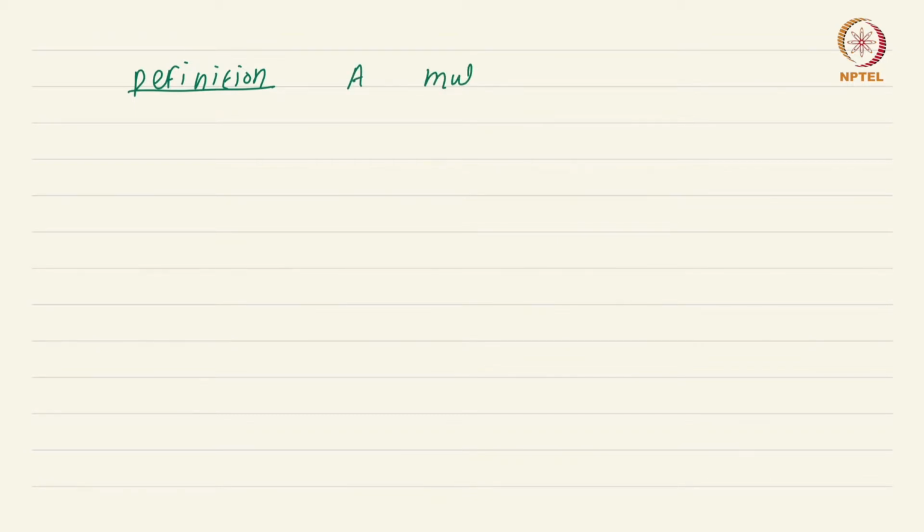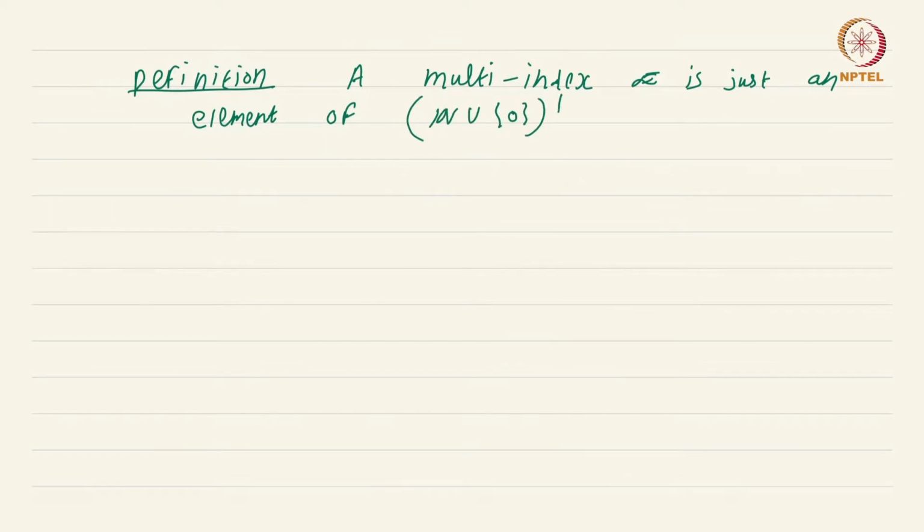So a multi-index alpha is just an element of (the natural numbers union with 0) Cartesian product with itself, n times, for some n in the natural numbers. So a multi-index is just a tuple of non-negative integers.